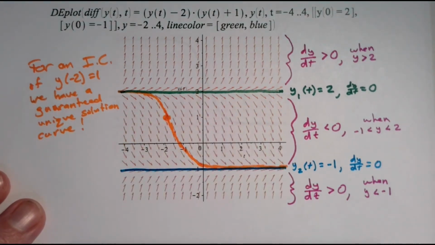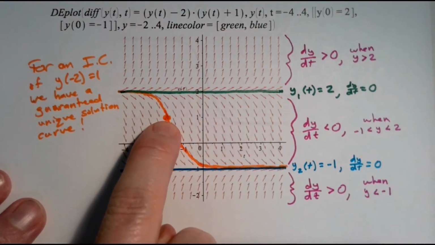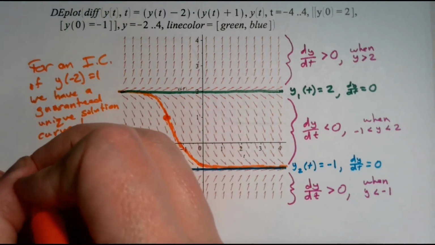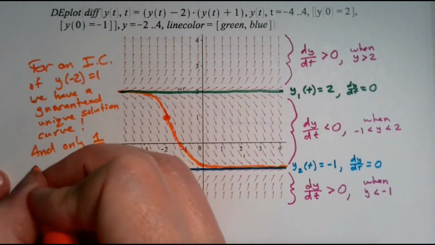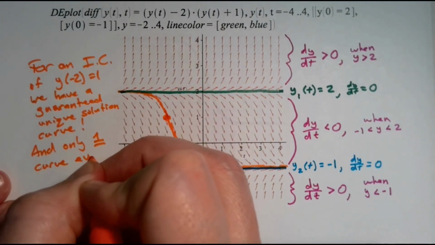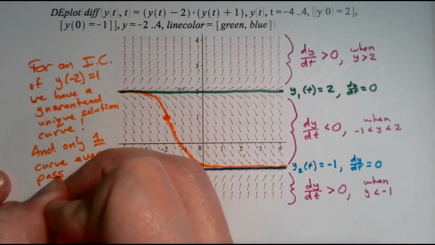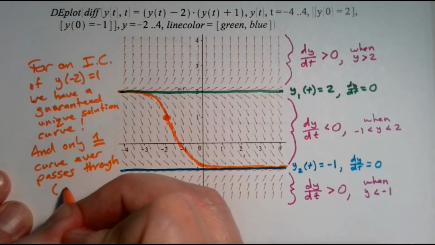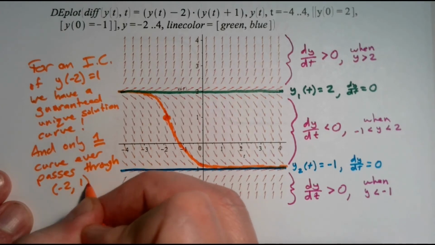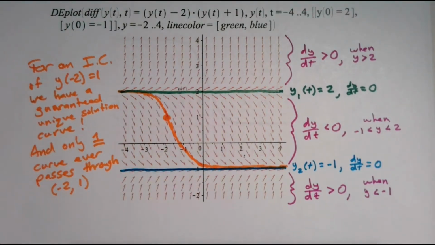And there's only one curve that ever passes through that point. Only one curve ever passes through the point -2, 1.